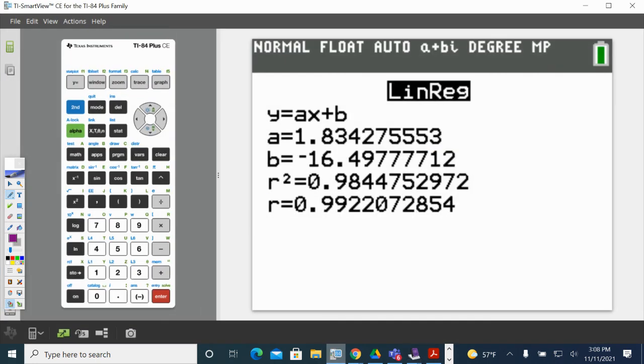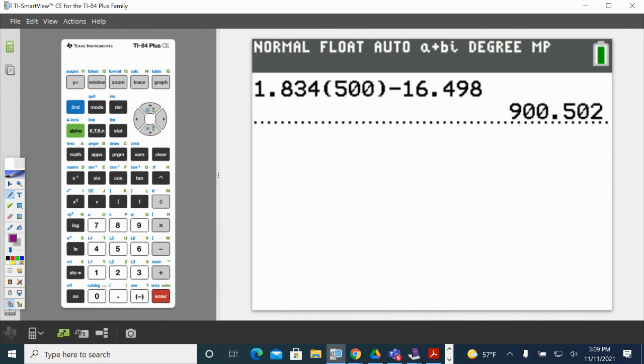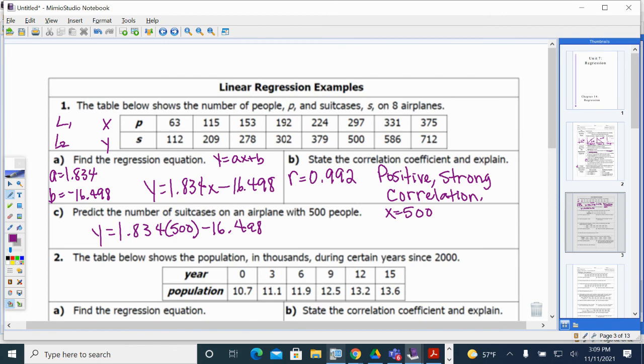So I'm going to exit out of this. 1.834 times 500 minus the 16.498. And I'm going to say about 901 suitcases, approximately. Okay, so that would be the answer for part C.